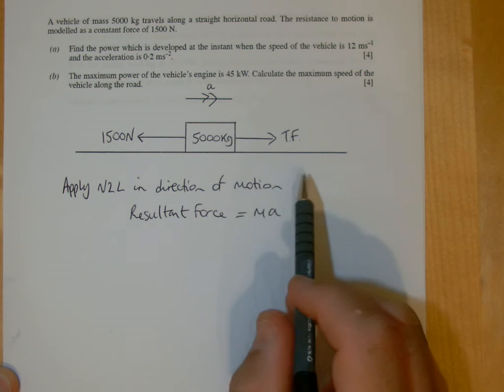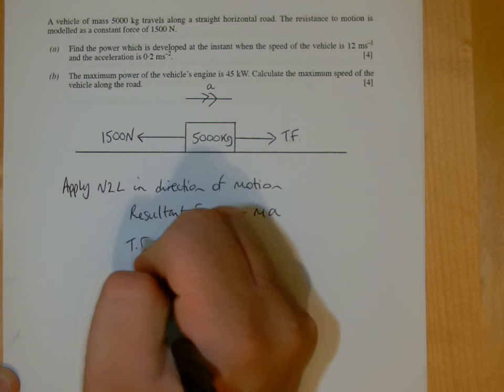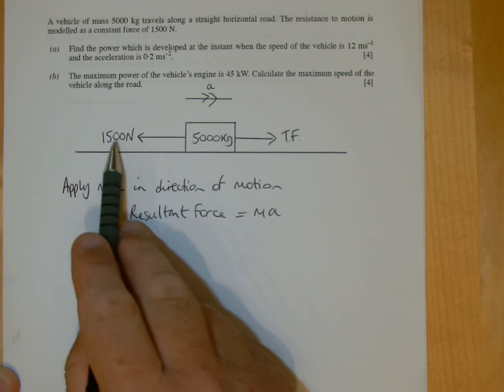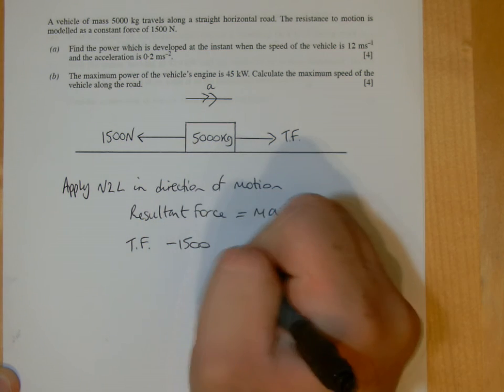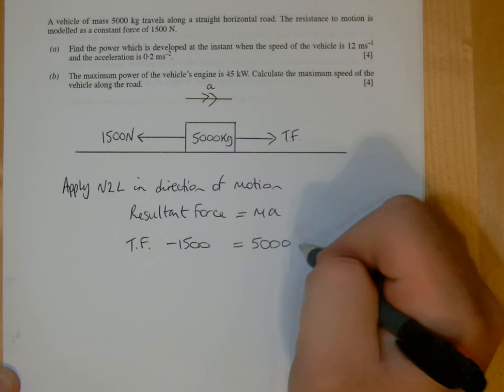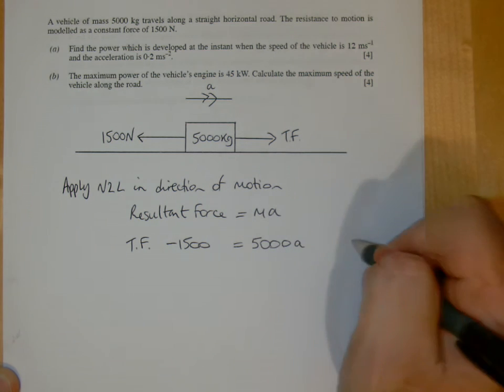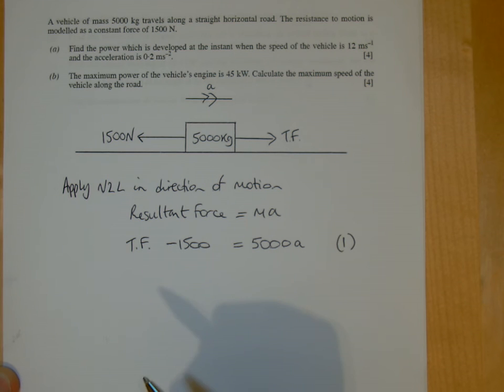The resultant force in this case is the tractive force pushing it forwards, and then you subtract the resistance of 1500 newtons, and that equals the mass, which is 5,000, times the acceleration a. So we've got an equation here which we can work with throughout parts A and B.